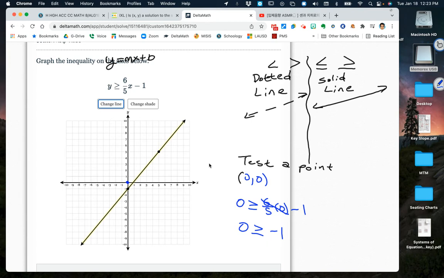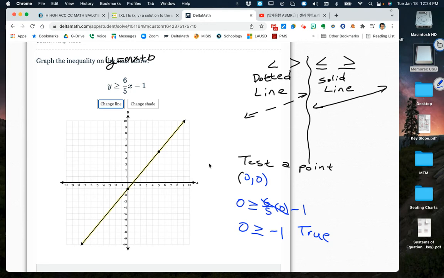Is that true or false? Is 0 greater than -1? Yeah, it is. It is greater than. Okay? So since it's true, that means it's a solution.